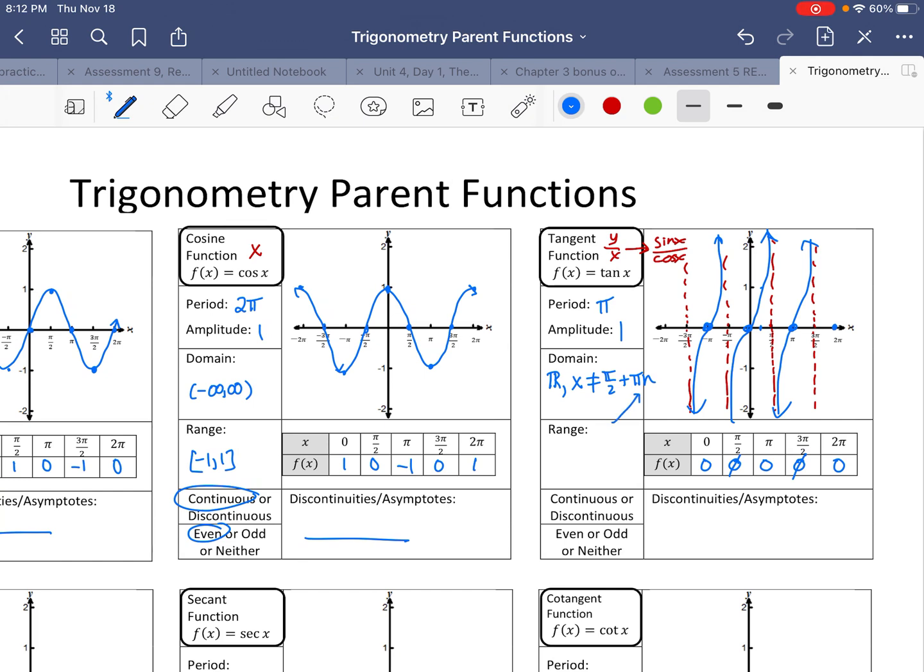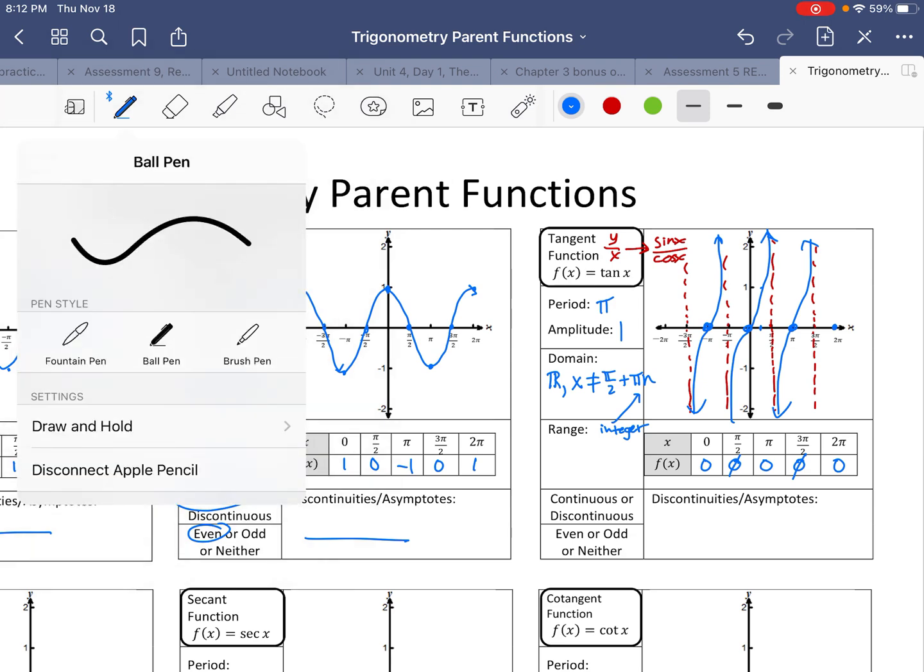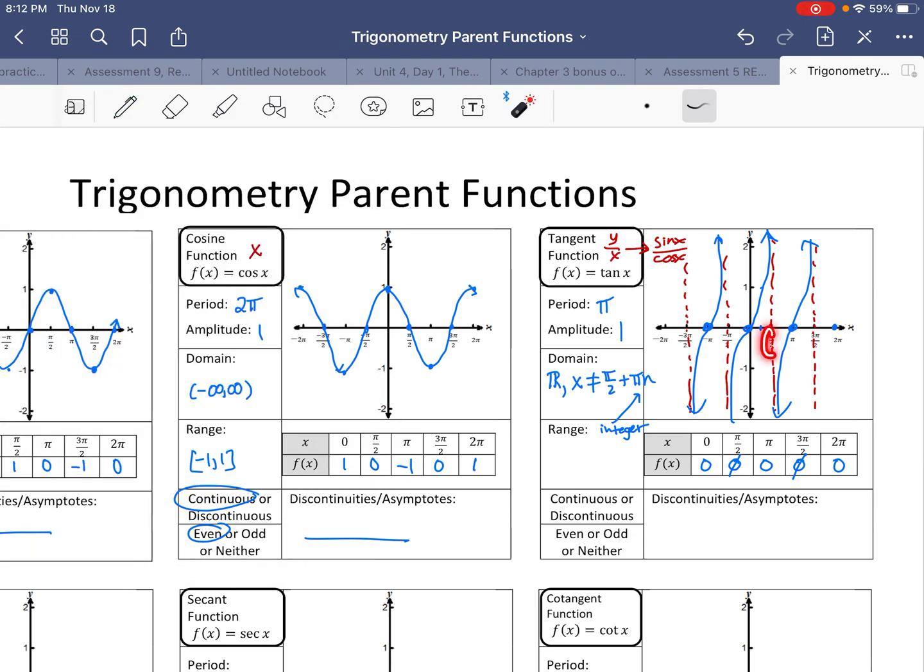That n right there is an integer. So basically you're saying pi over 2 plus every multiple of pi after or before that. So starting at pi over 2, every distance of pi after that, and then after that, or every distance of pi before that, you're going to see another asymptote at those spots right there. So that's just how you say it.